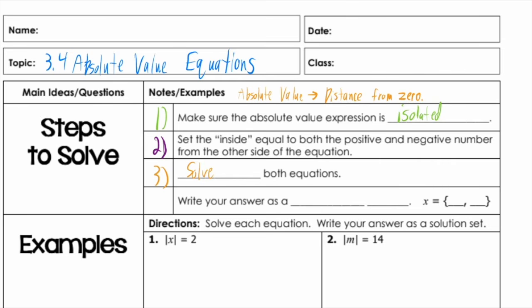It says both because in step 2 you're making 2 equations, and so in step 3 you have to solve each equation individually, very similar to how we solved compound inequalities in last section 3.3, where we just solved them as 2 separate inequalities. So here we'll solve them as 2 separate equations and get 2 answers. And then I'm just going to cross out step number 4 actually. We're just not going to be doing that.